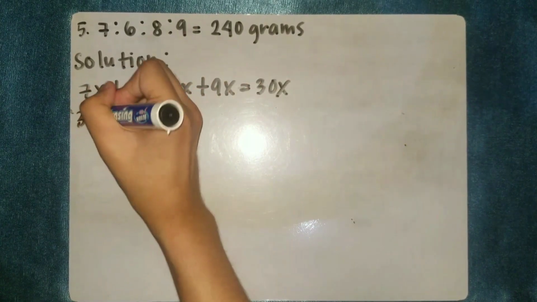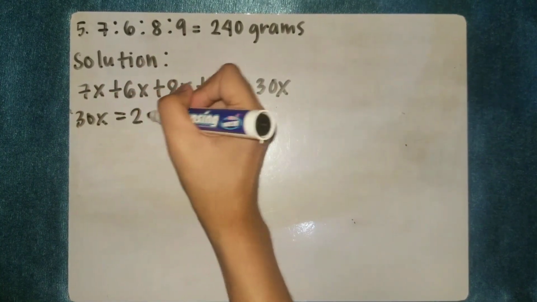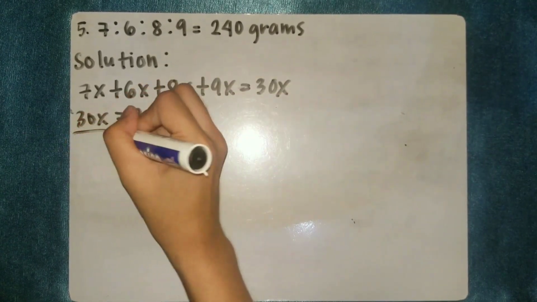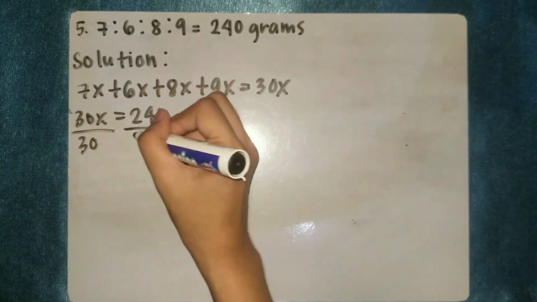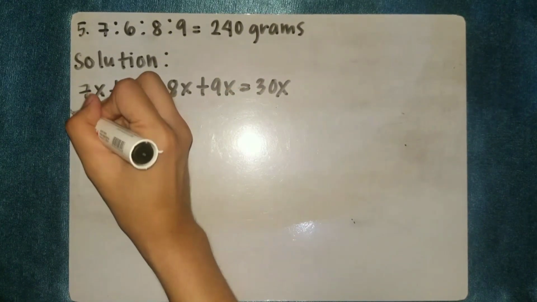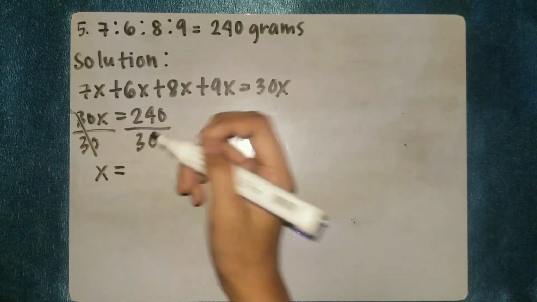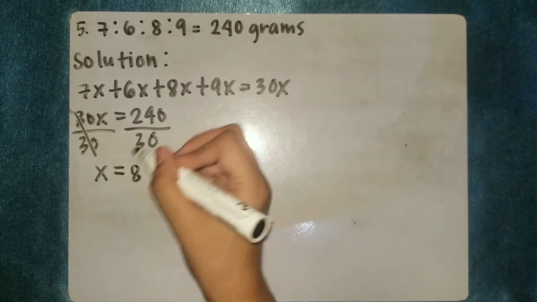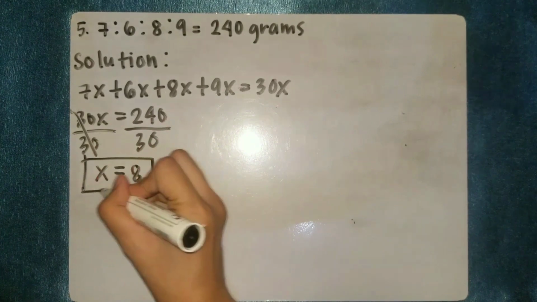Then 30x equal 240, which is galing dito. Then divide 30 by both sides. 30x divided by 30 equal x. 240 divided by 30 equal 8. So ito yung value ng ating x.